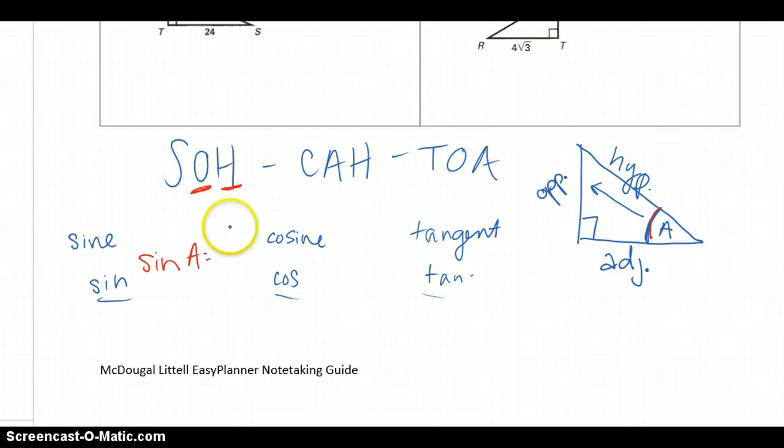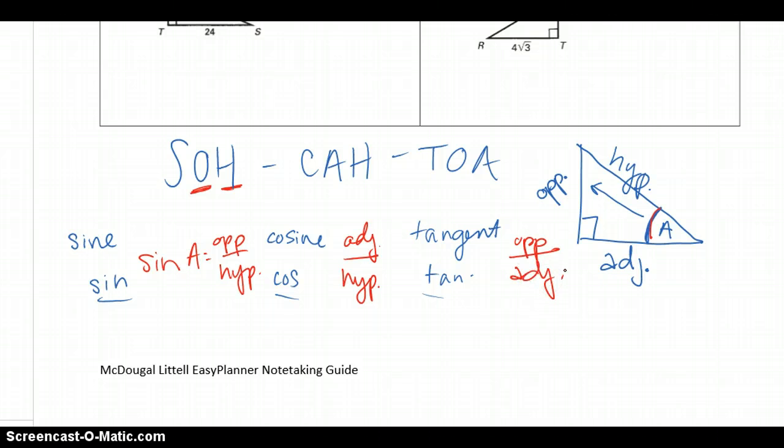That's where the O and the H come from. So it's opposite over hypotenuse. Cosine, C-A-H, the cosine of A is equal to the adjacent side over the hypotenuse. And the tangent is equal to the opposite side over the adjacent side. Again, this will depend on which angle you have picked. Looking at your triangle, you can always set up these ratios.